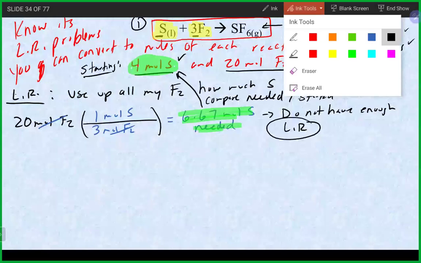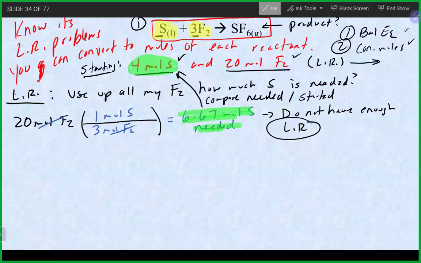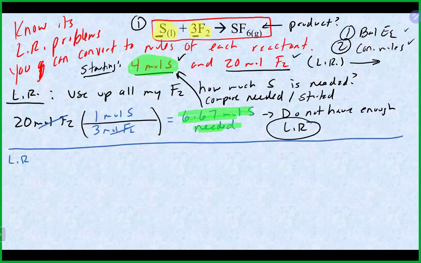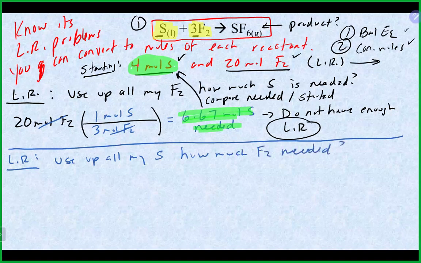Now, does it matter which one you choose? It doesn't. So just to show you here, if you decided to do it the other way, the calculation would be: I want to use up all my sulfur. How much fluorine is needed? You would do a similar calculation.